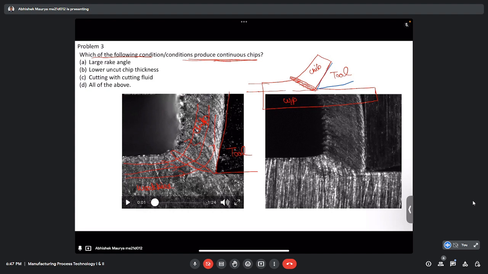So this is the tool, it is the rake face. And if you can identify, what is this angle? This is nothing but rake angle, which is alpha. So that is rake angle.